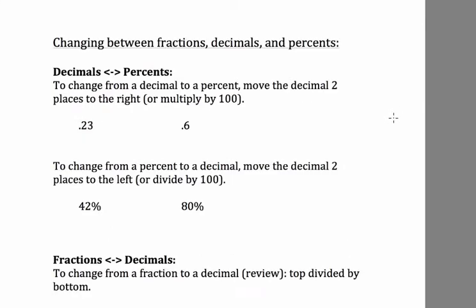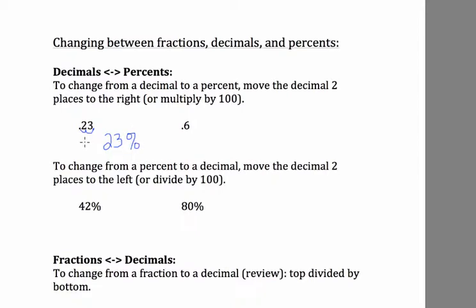At this time, the only work that we're going to do with percents is working on changing between the forms, the decimal, percent, and a fraction. So to change from a decimal to a percentage, you move the decimal place 2 places to the right, or multiply by 100. So for example, 0.23, you take that decimal place and you move it 2 places to the right. So that would be 23, and then the decimal point would be right there, 23%.